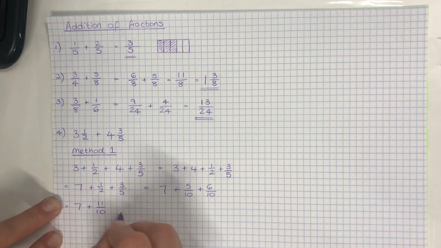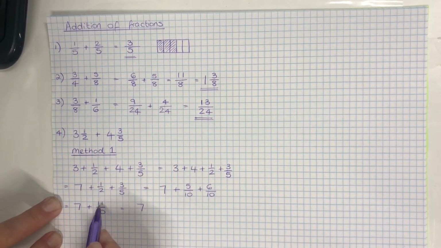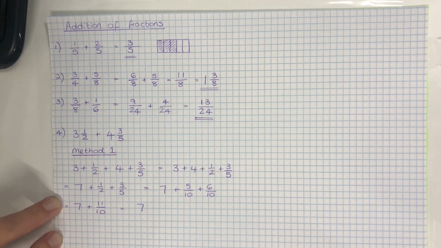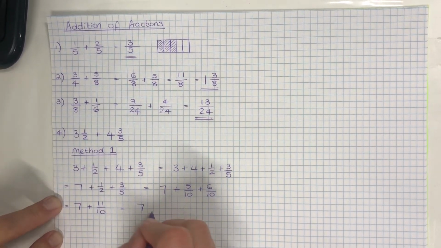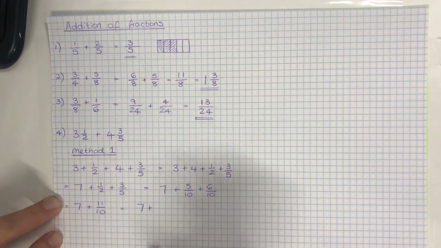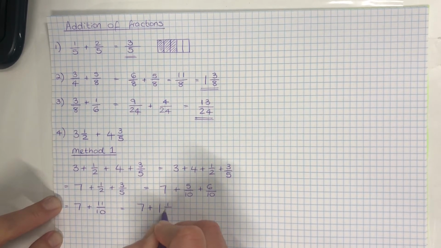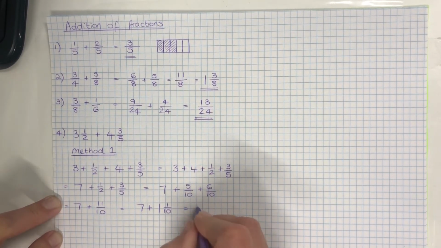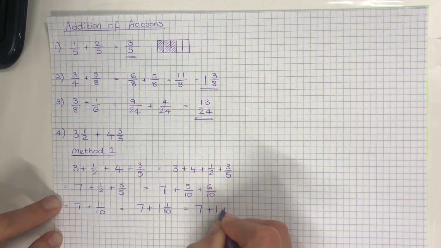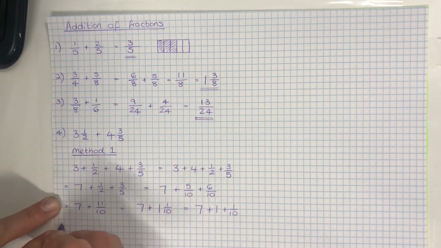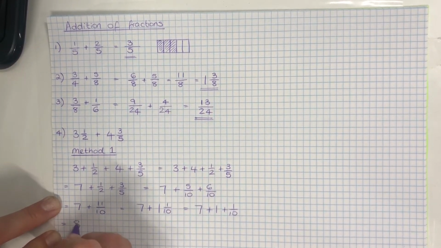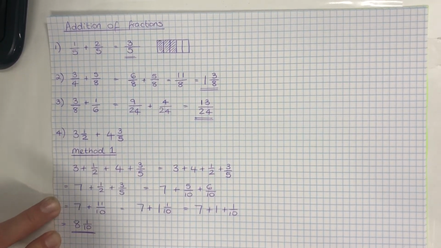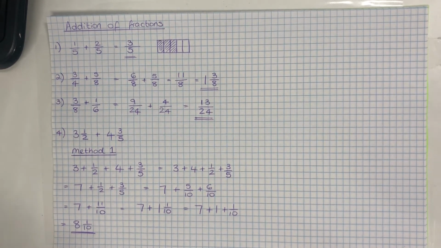Now I know that 10 goes into 11 one time with 1 left over. So that 11 over 10 I can write as 1 and 1/10. I can now add my 7 and my 1, and that's going to give me 8 and 1/10. Okay, that's method 1 for addition of fractions.